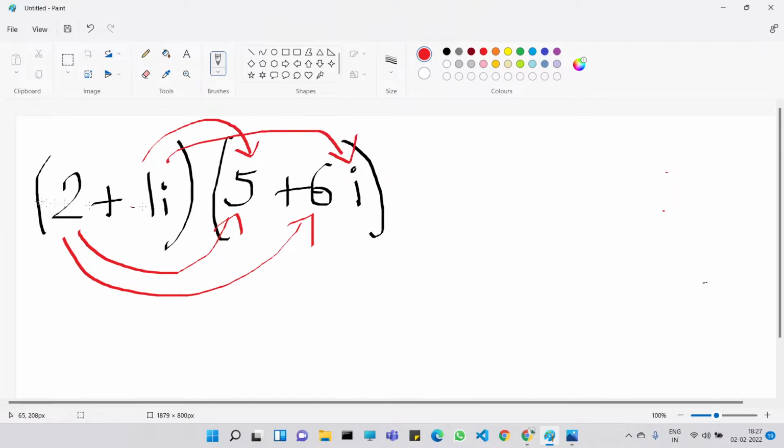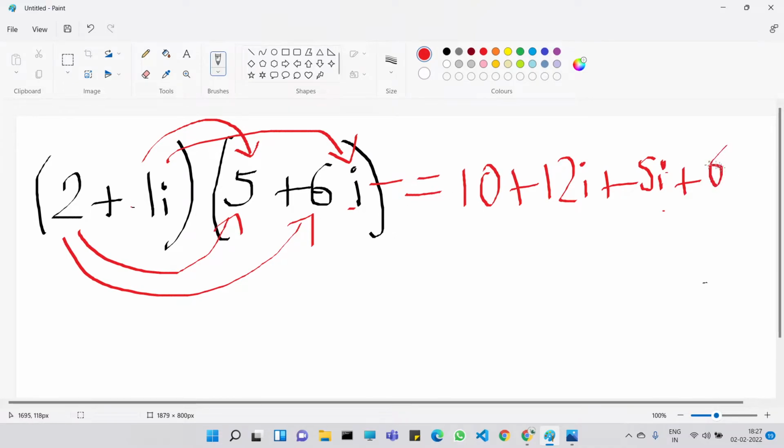So we will be getting 5 into 2 equal to 10, first term, then 5 into 6 equal to 12i, then 1i into 5, it will be 5i, then finally 1i into 6i, it will be 6i square.